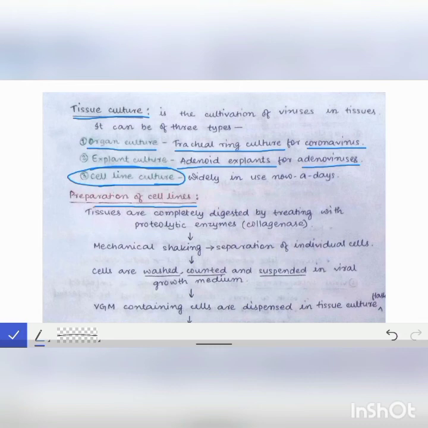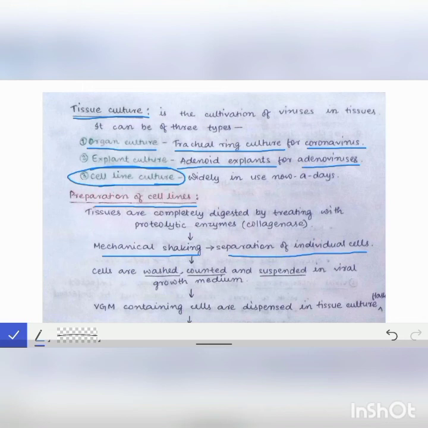So we use the collagenase enzyme and some other proteolytic enzymes like elastases and so on. By using such enzymes, we make each cell free from each other. After adding the enzymes, we mechanically shake, and due to that mechanical shaking the individual cells get separated from each other. The extracellular matrix will be dissolved. Now all cells are free.